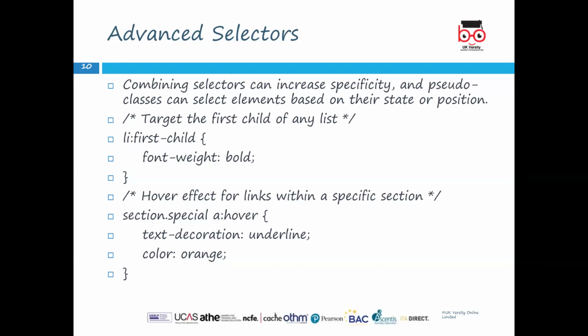We have our ordered list, and we've now defined what we want our CSS to have. So we want a font weight, which we define as bold. We could choose between italic style, underline, bold, or just leave as it is, and we define it as bold.